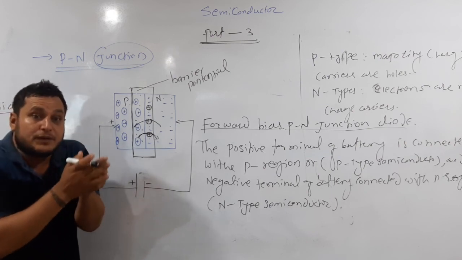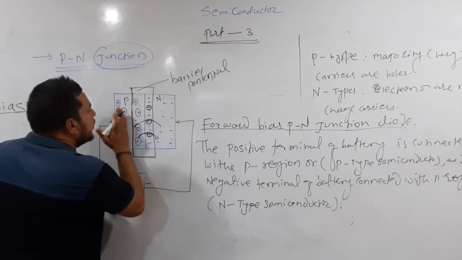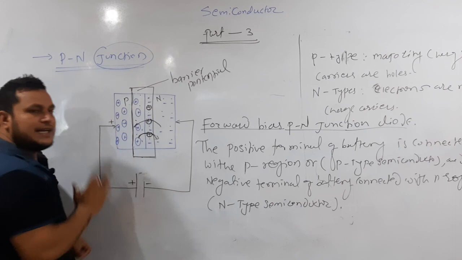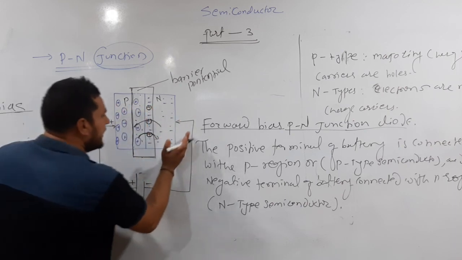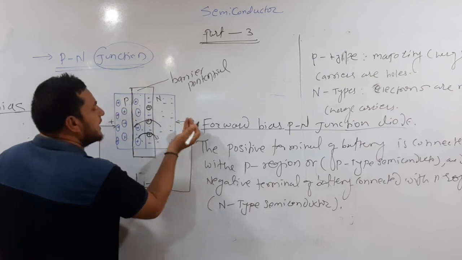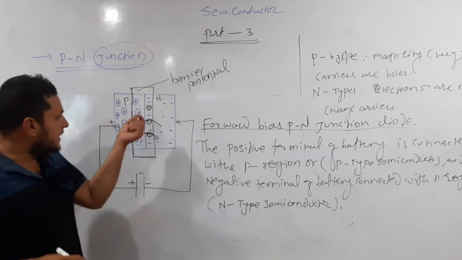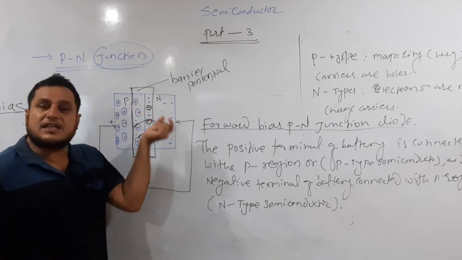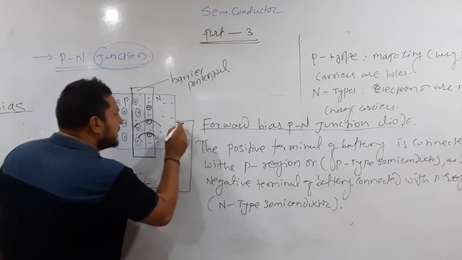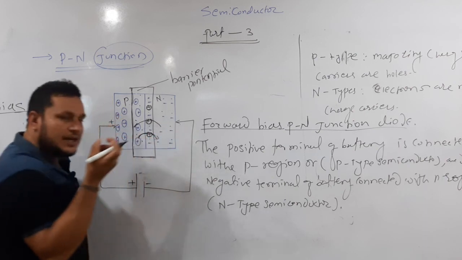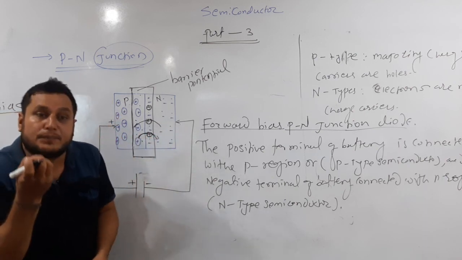That means these holes move toward the depletion layer. And here the negative terminal of the battery is connected with the N region. In the N region we know the electrons are the majority charge carrier. So due to the similar nature of the negative charge and electrons, they repel each other.